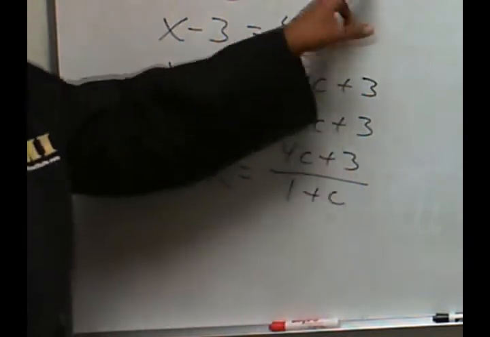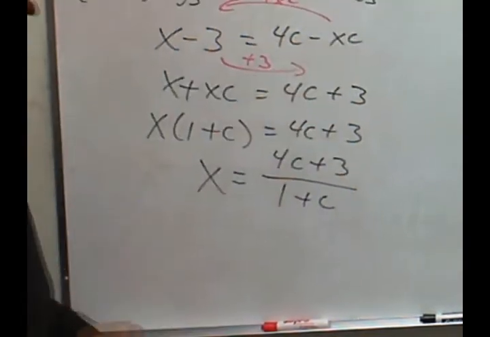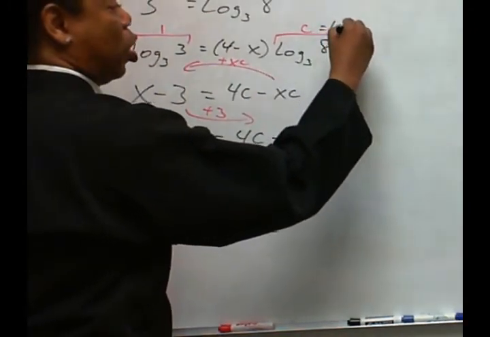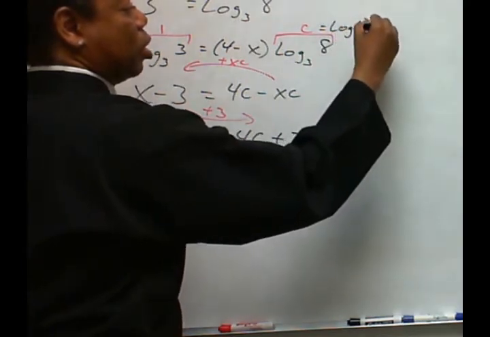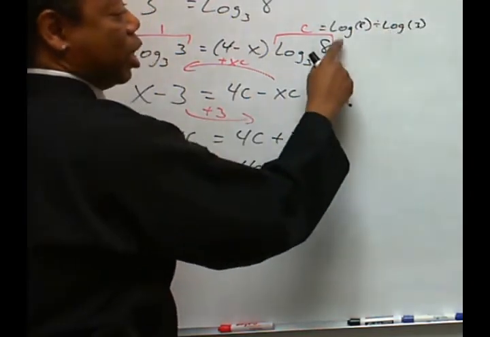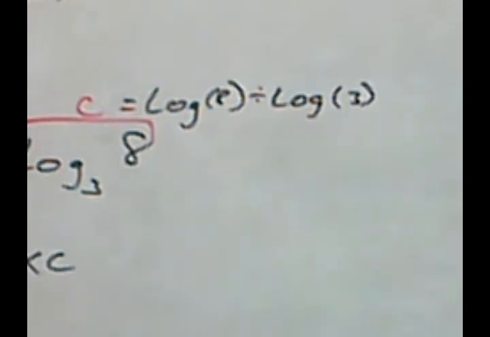Now, remember, c represents log base 3 of 8. That can be converted into log base 10 of 8 divided by log base 10 of 3. Now, these are log base 10s without the bases written.